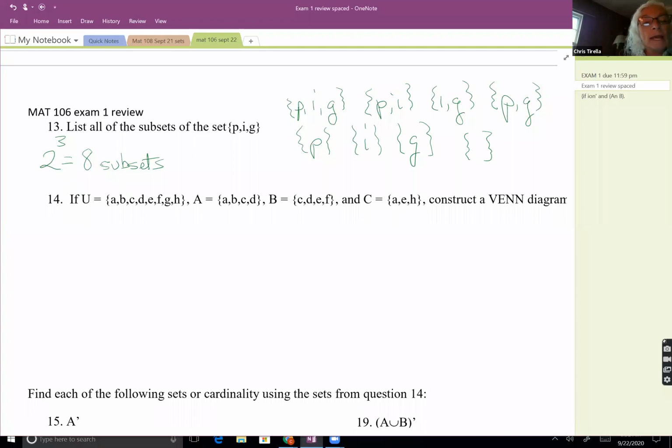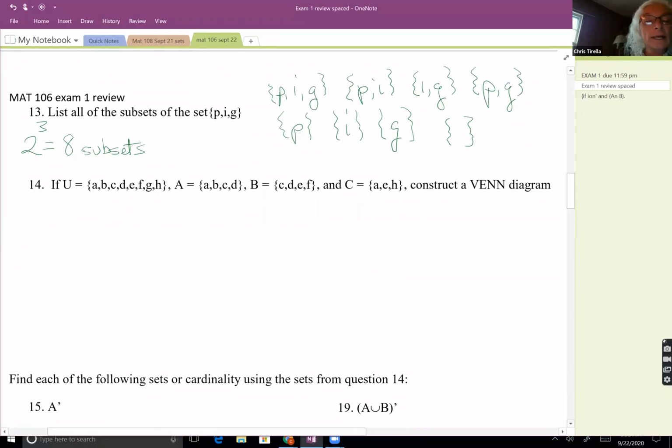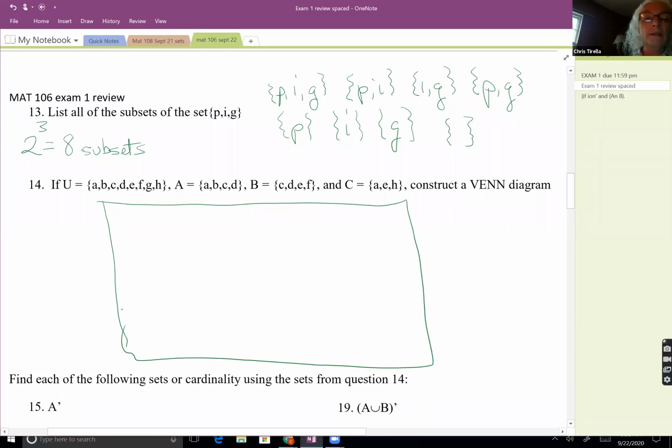This next one asks you to draw a Venn diagram. I do believe in my labs, in order to draw a Venn diagram, I don't think there are any questions where they ask you to fill in the regions. I think they're all multiple choice. So that takes some of the fun out of it. But if I'm drawing a Venn diagram for this, how many loops do I need? 3.